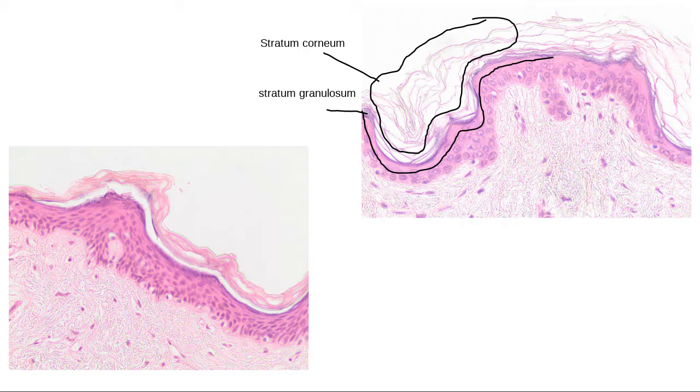It's going to be a little difficult for us to find stratum spinosum without first finding stratum basale. Stratum basale, that basement layer. Remind me, what are a few of the things we remember about stratum basale? What do we remember about this one? Yeah, one of those important things about it is where we do mitosis.